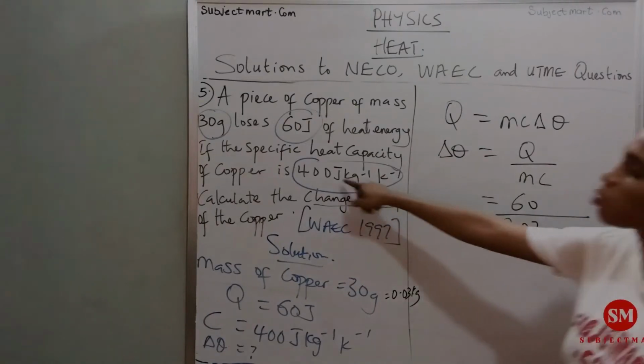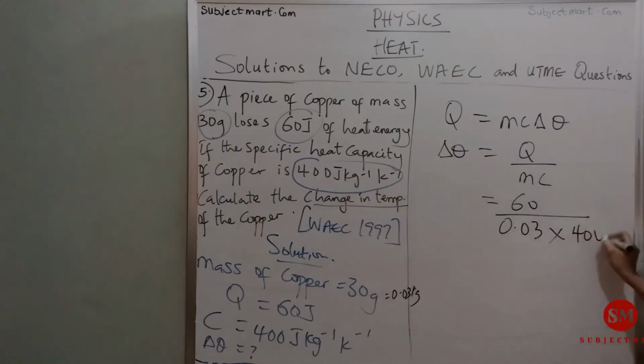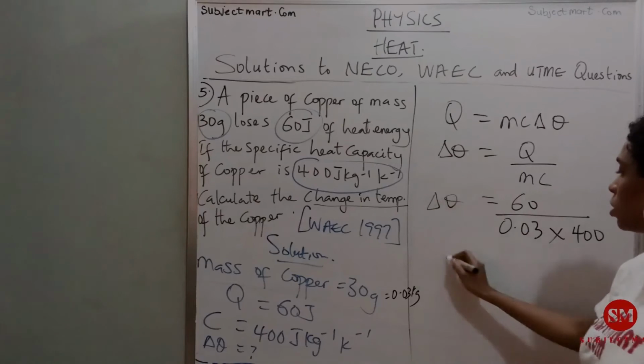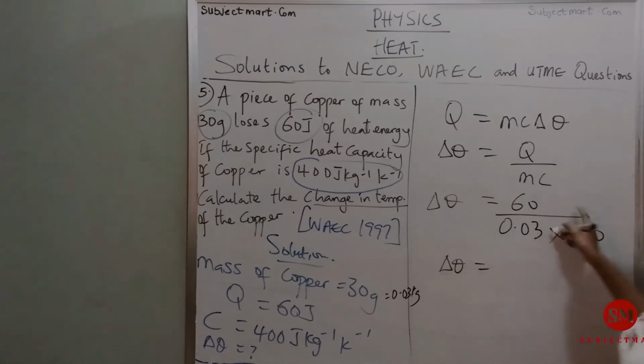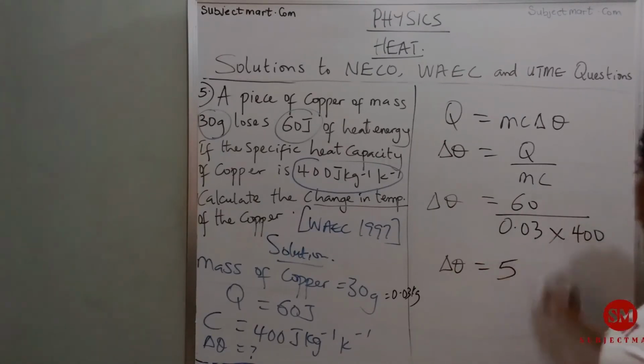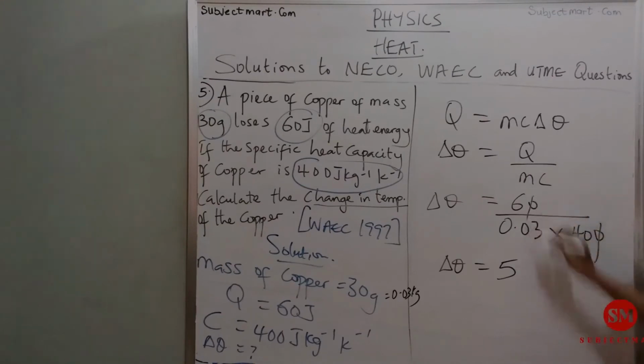The C is specific heat capacity, which is 400. Therefore, our change in temperature is equal to 5. This cancels this. So by the time we multiply and divide, we have 5 Kelvin. So the change in temperature of the copper is equal to 5 Kelvin.